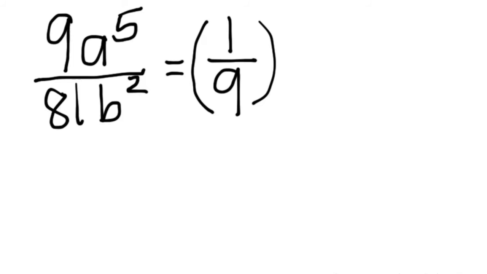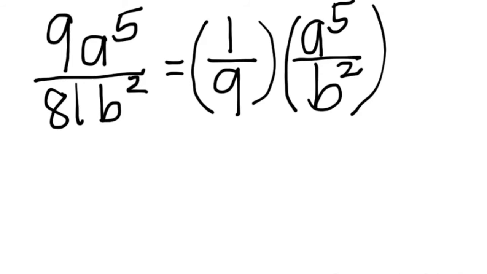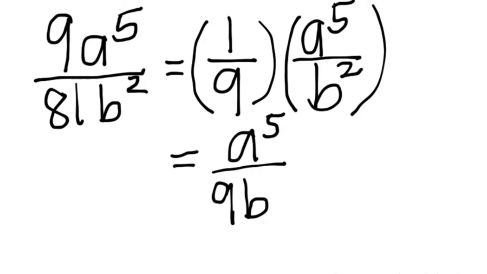So kapag magkaiba yung letter or yung variable natin, copy na lang po natin. So we're going to have a raised to 5 over b squared. And then multiply numerator to numerator, denominator to denominator. So we're going to have a raised to 5 over 9b squared. So this is our answer.